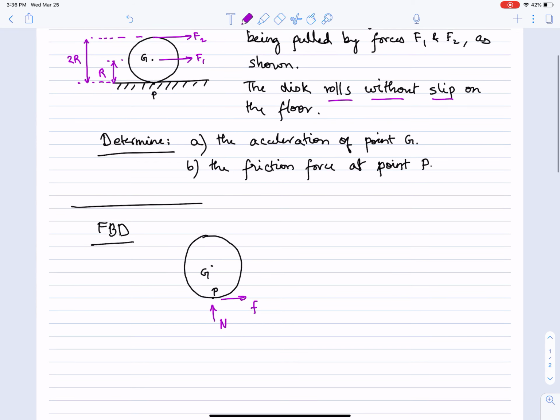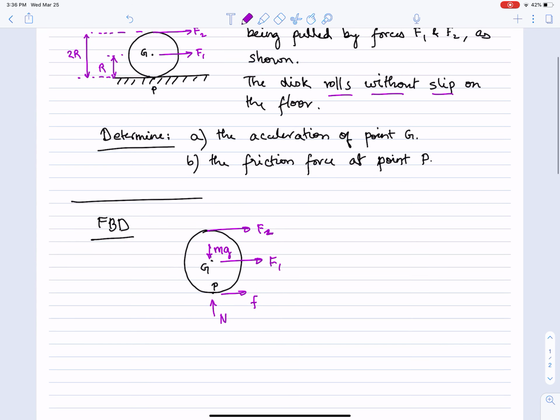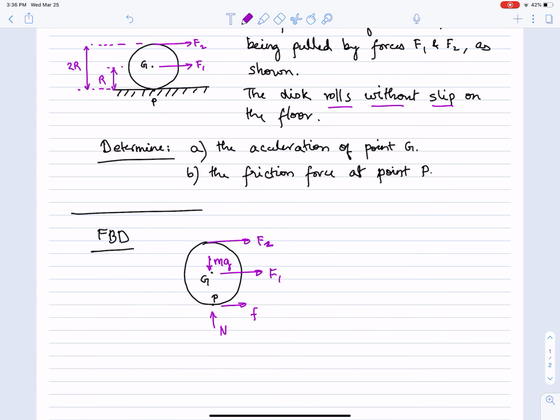So you do not need to know the direction beforehand if the object rolls without slip. Okay. Here's the force F1, and here is the force F2. Okay, so that's the free body diagram. I suppose we also have the weight mg acting at point G. Okay, so what do you do next?